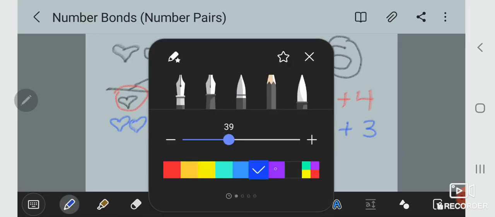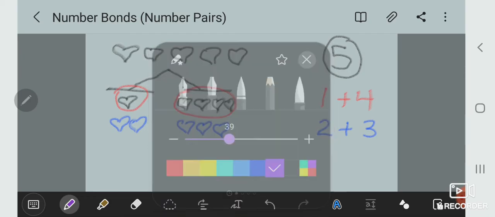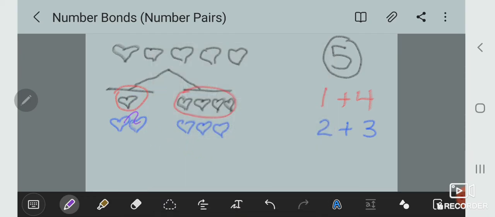Another one can be, as a matter of fact, let me show you. In this case here, we already have 1 and 4. So we don't need to go over. We can actually switch around the sides, right?